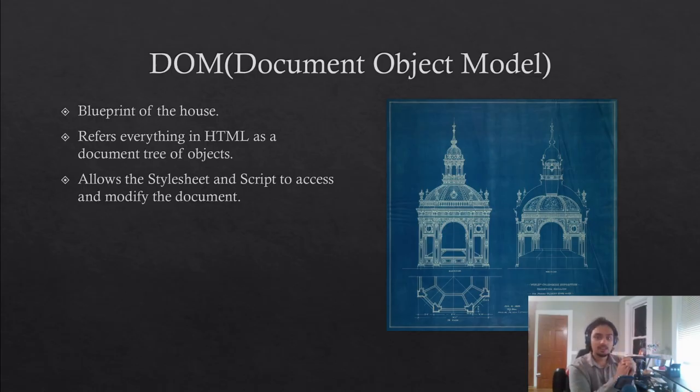So HTML, head, title, body, all of that becomes like a tree that allows the style sheet and script to become object oriented and refer to the HTML as an object, and allows you to change and modify the HTML as an object-oriented document.